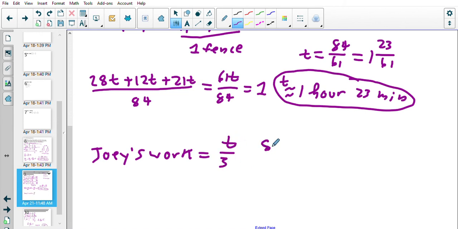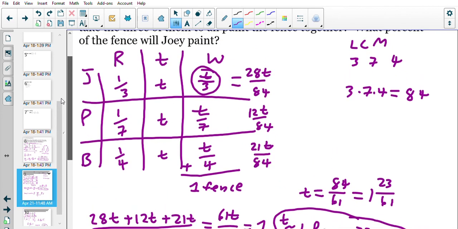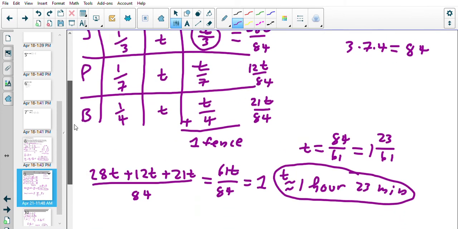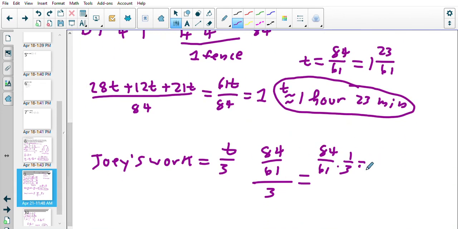So if we do 84 over 61 all over 3, that would be 84 over 61 times 1/3. We know that 3 is a factor of 84, and if we factor it out, we'll have 28 left over. So 28 over 61.